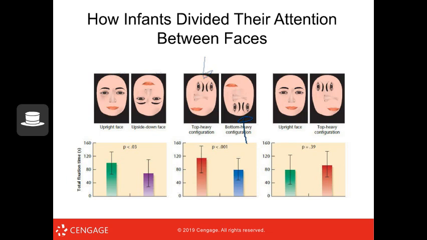And then, interestingly enough, they share an about equal preference for an upright face or top heavy configuration. So the focus is on, are all the parts where I expect them to be? And if so, this is the thing I'm going to focus on, even if they're not oriented how they should be.